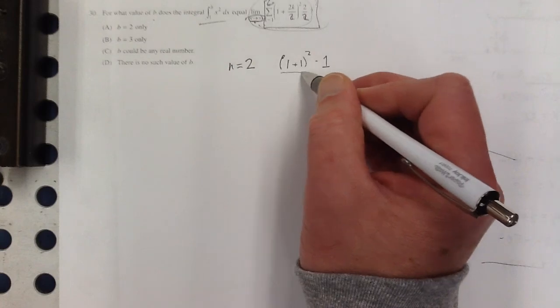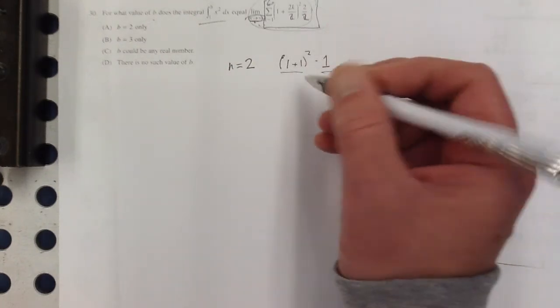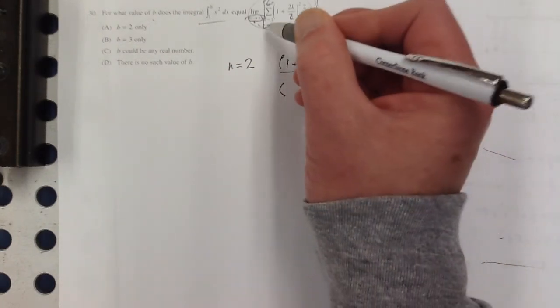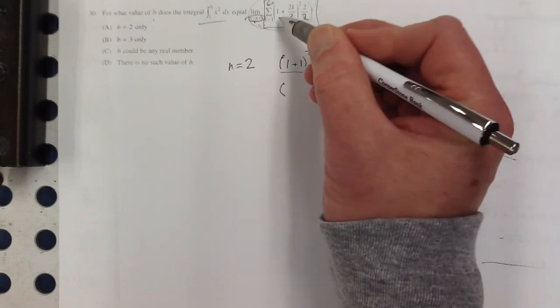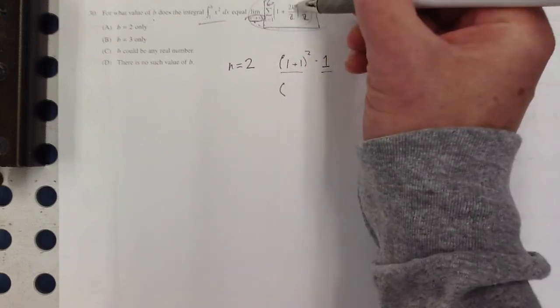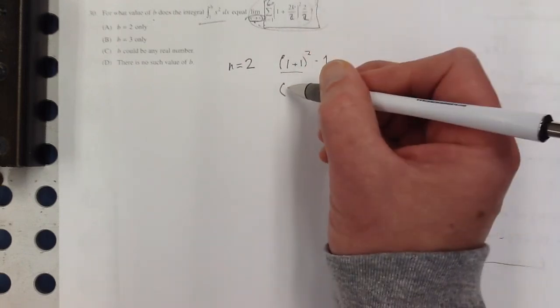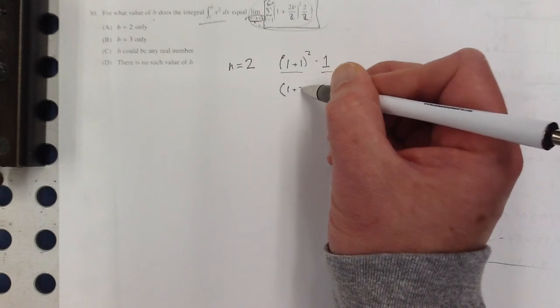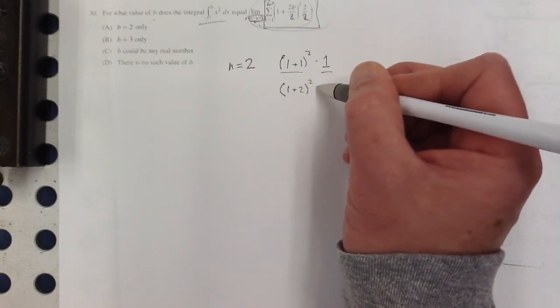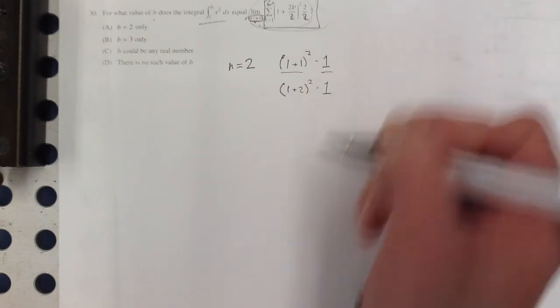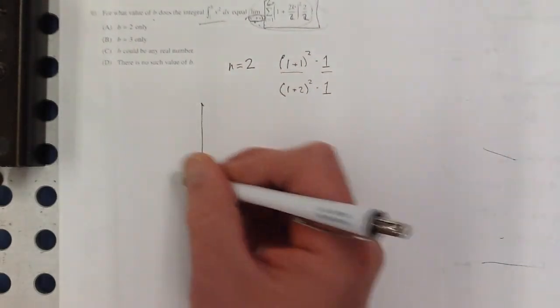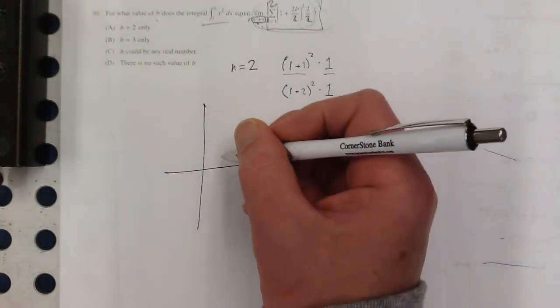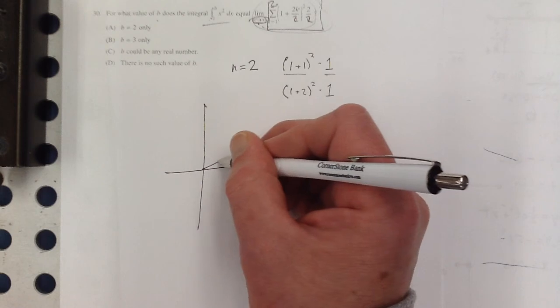This is like the height of the rectangle, and this is the width. When I plug in k equals 2, I get 1 plus 4 over 2, which is 2, times 1.